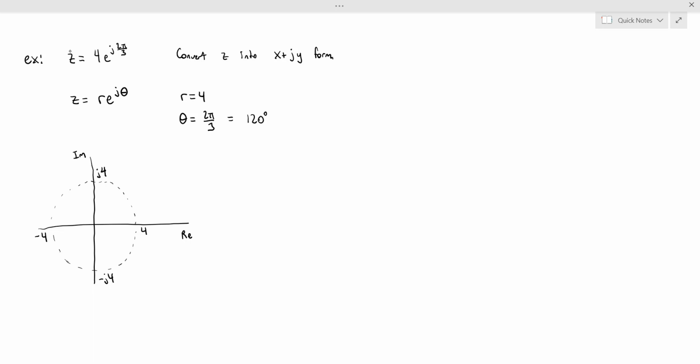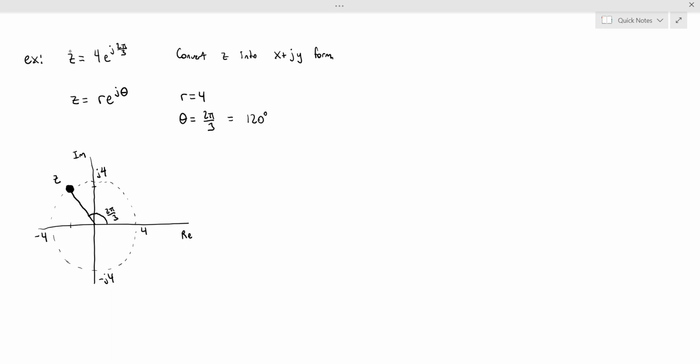So 120 degrees is more than 90 degrees, so it's going to be somewhere around here or so. So then this point here, that would be our complex number z. Since it is located in the second quadrant, the x coordinate, or the real part, should be a negative number because it's on the left half of the plane. The imaginary part, or the y coordinate, should be positive because it's in the upper half.